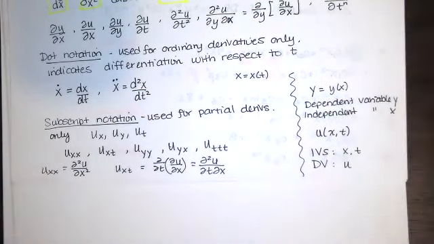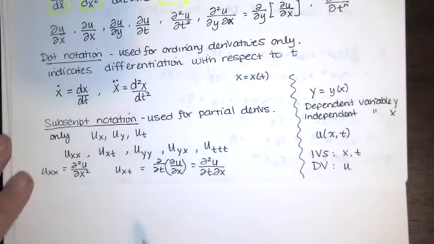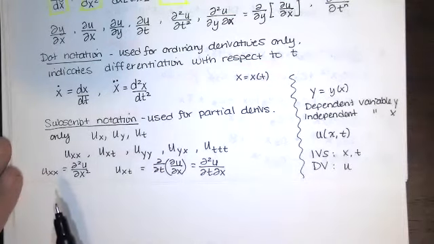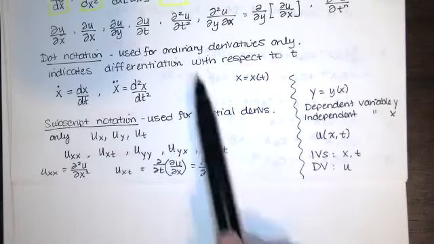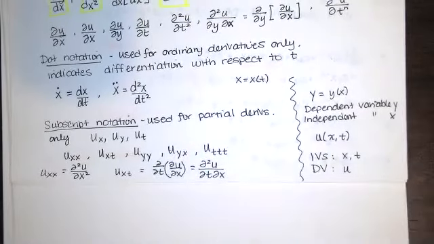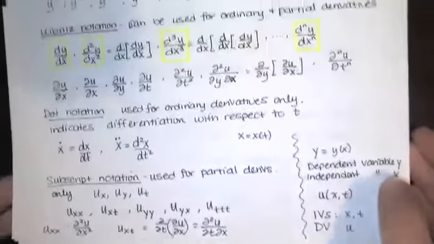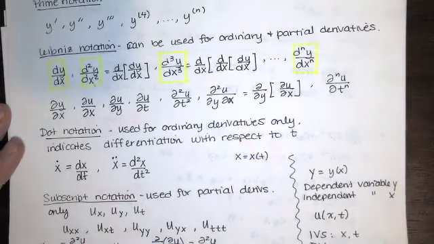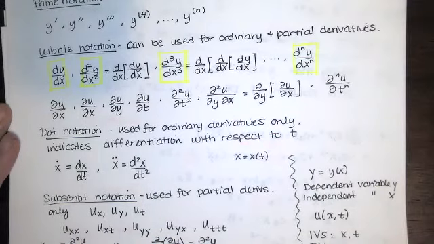Okay, so if you see subscripts, you know you're looking at a partial differential equation. If you see dots, you know you're looking at an ordinary differential equation, provided that there are no subscripts or partial derivative signs. Normally we don't mix notation in one differential equation, you usually just use one of these. With Leibniz notation, if you see d's, those are ordinary derivatives. If you see these little partial signs, those are partial derivatives.